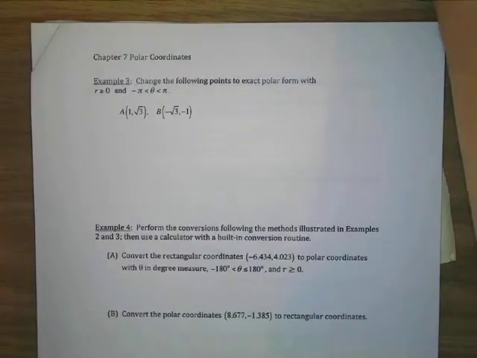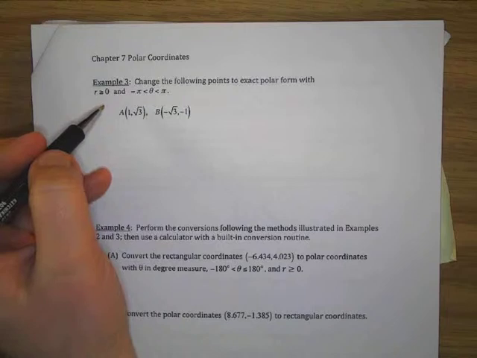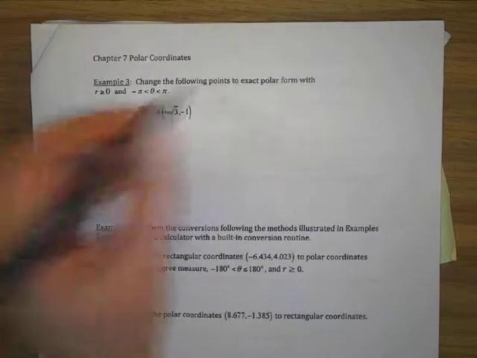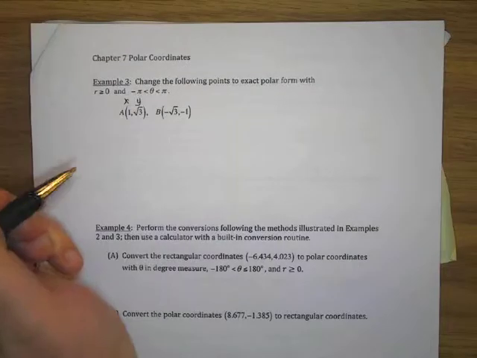It's right here. Now they're going to tell us that our r has to be positive, and that's good because we're going to use the Pythagorean to figure out what r is. Because when they give you something in rectangular, they're giving you an x value and a y value.